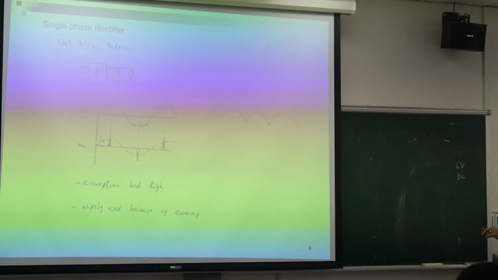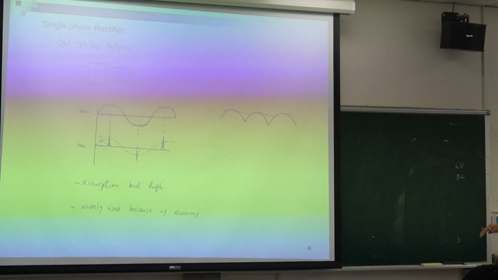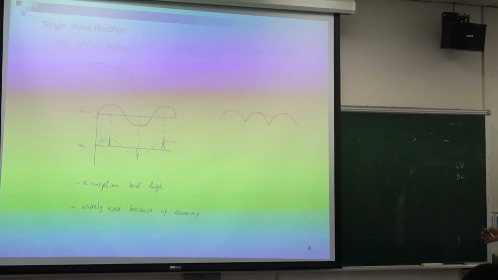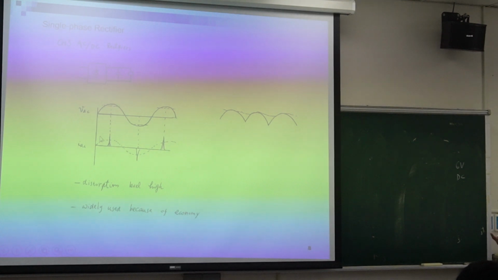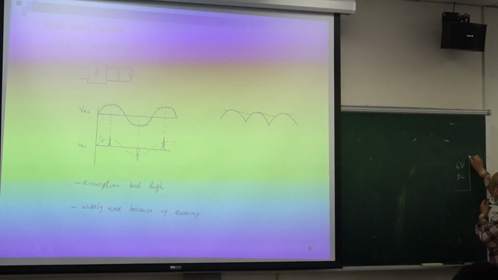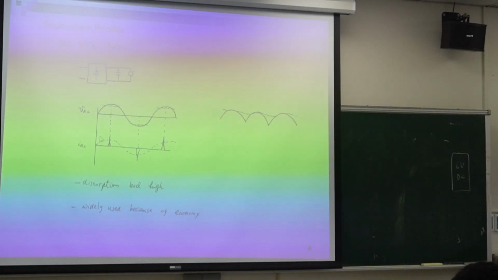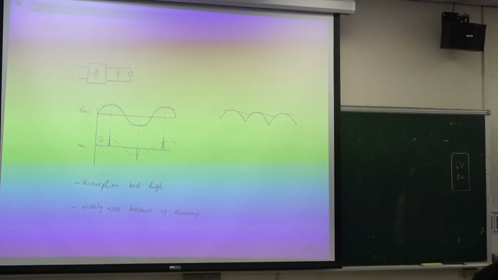But can you plug in this circuit and supply 110 volt directed to your cell phone? No, then you will burn out your cell phone. So what you need is 6 volt DC. How can you get 6 volt DC? You can say it is very easy.